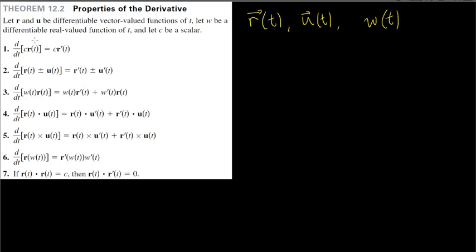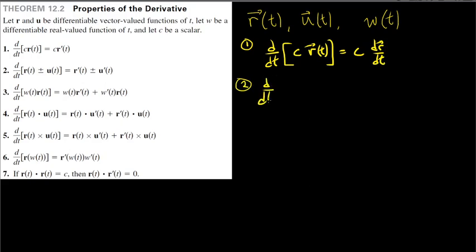So the first property, and these should be familiar to you: if I take the derivative of a constant c times a vector-valued function, it's just the constant times the derivative of the vector. Constant multiple rule, the same thing applies to vector functions. And then the sum rule also applies.